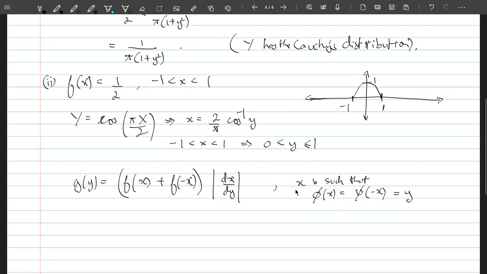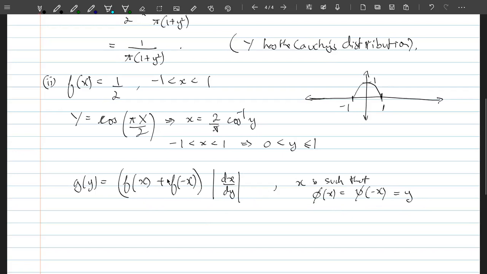And so if you take any such x, then corresponding to that y, you will get two cases which will split into two probabilities or two evaluations of the CDF, one at x and one at minus x, and you're subtracting them. And then when you differentiate, you will get basically this.